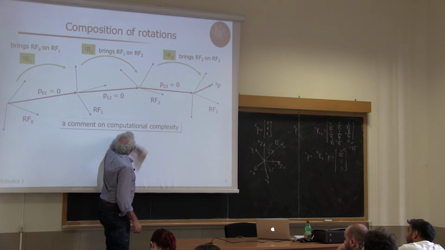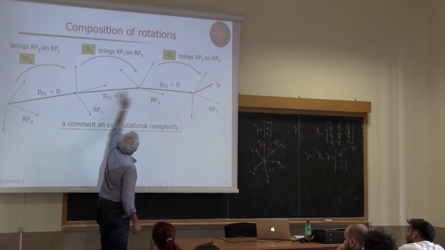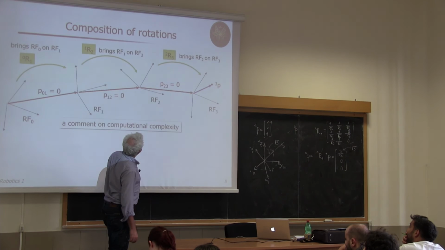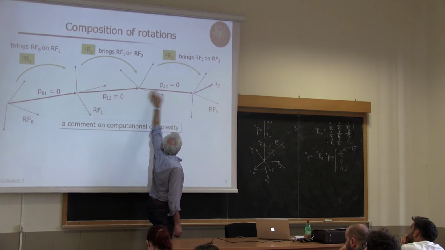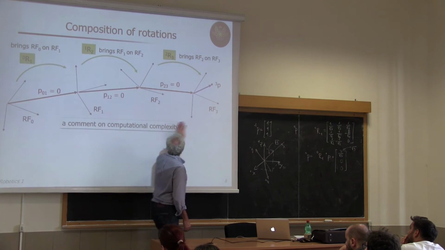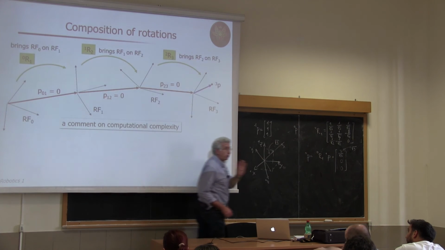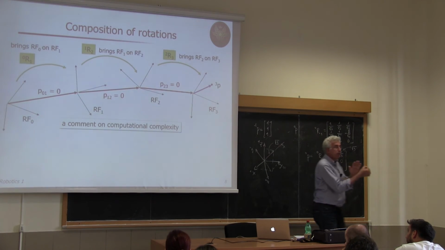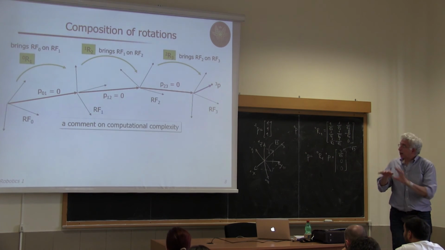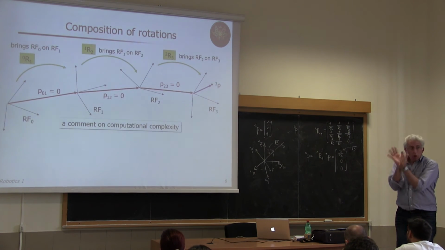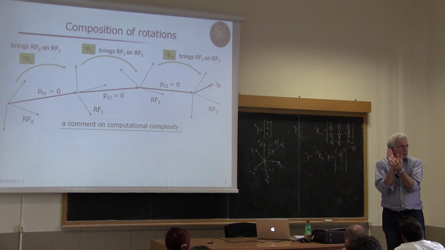Then I have another frame, RF2, again with the same origin, but I've displaced it just for the sake of clarity. And then another one, again placed like this. So I have 4 frames, RF0, 1, 2, and 3. Pay attention: 4 frames, although I'm ending with 3, because we always start with the 0 frame. Okay? So there are 4 frames, all with the same origin, but each of them has a different orientation.